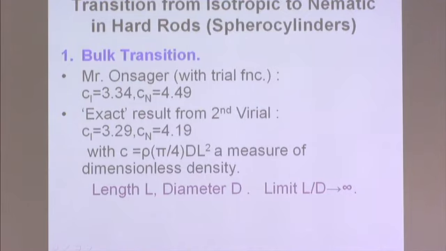This is what Onsager got with his clever trial function. That's the isotropic value, that's the value in the coexisting nematic phase, and these are the numerical results. So Onsager does well. I can't remember the values for the order parameters, but they're within a few percent. I certainly remember that.